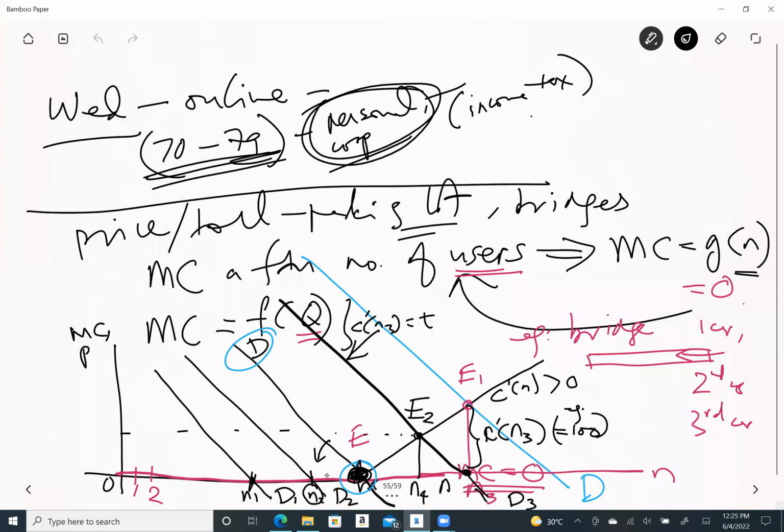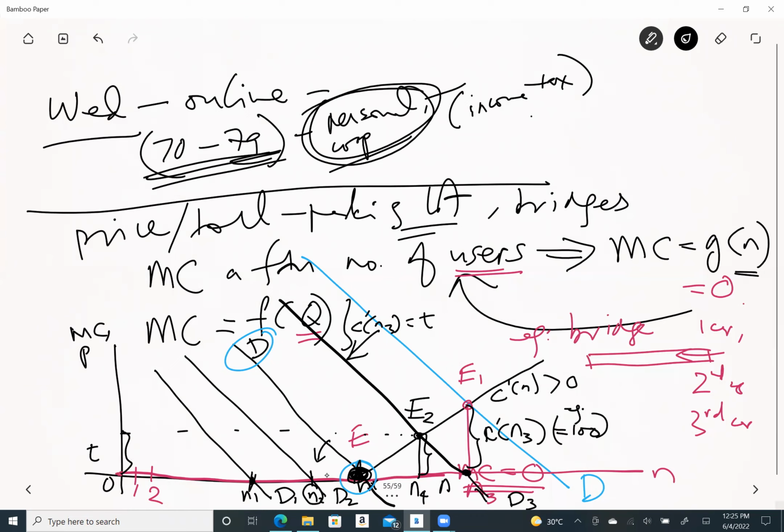So our demand function will go down up here. But the toll that we pay will be this one. So maybe the toll that you pay is less than 100. So that is one explanation.